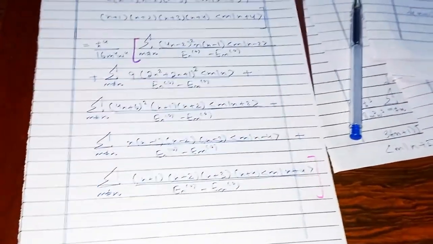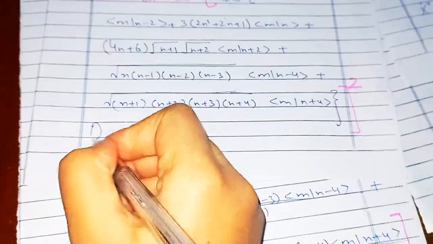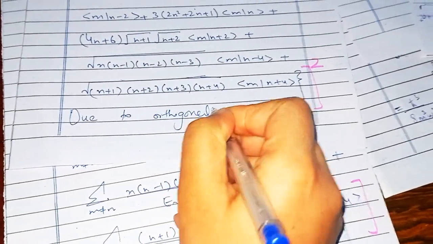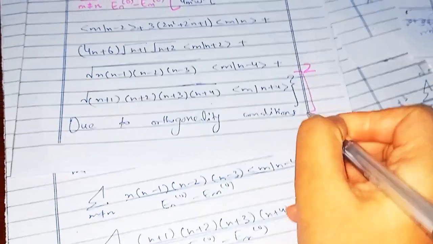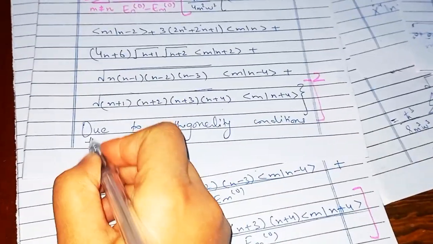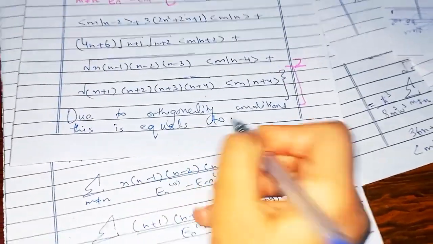Now what's going to happen is that, and okay, here you need to mention that due to orthogonality condition, you write it here that due to orthogonality conditions, this is equal to, okay, only that reason is enough.